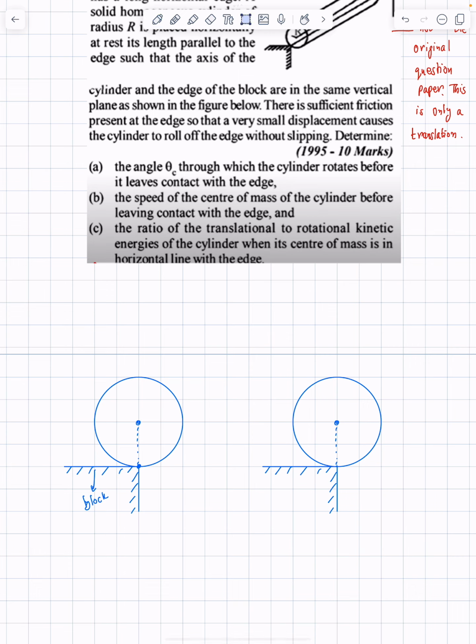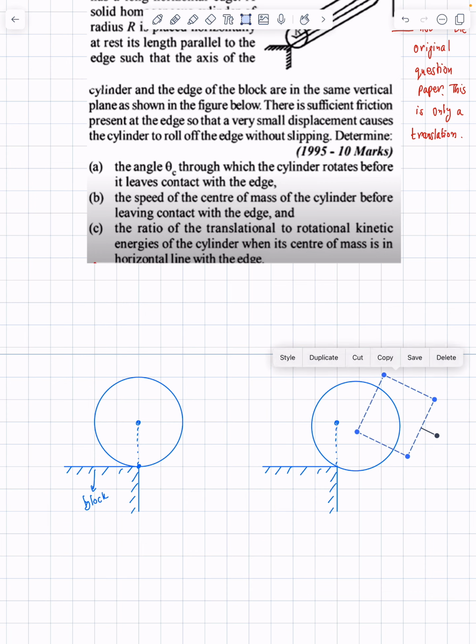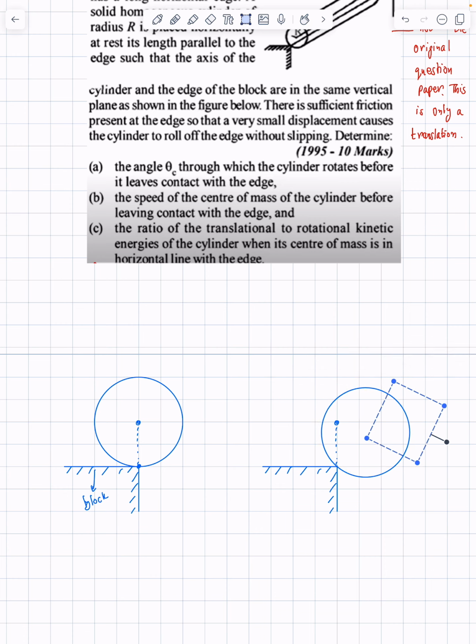So this shows the position of the cylinder at time t later.